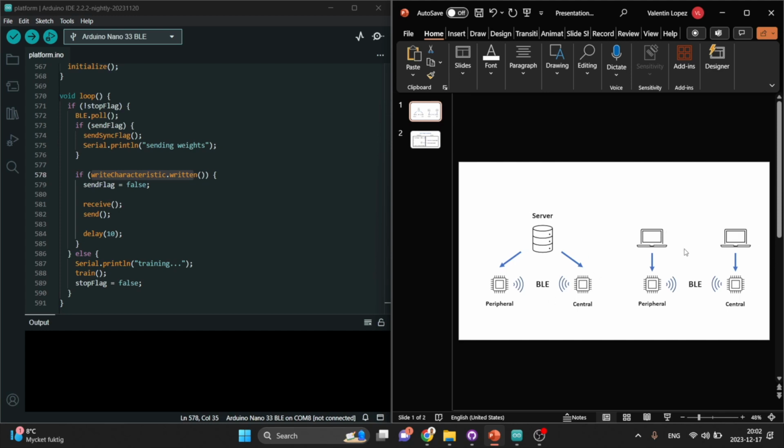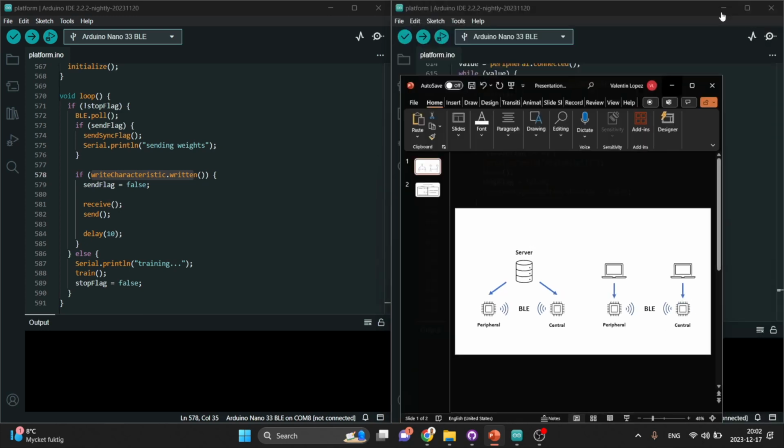It has a server of laptops and devices that are separated through a wireless network. So we have the data set, we are training, we update the weights in training, and then we share them in batches. And then after sending all the weights to the devices, we keep training again and again. And that's how the distributed learning works.